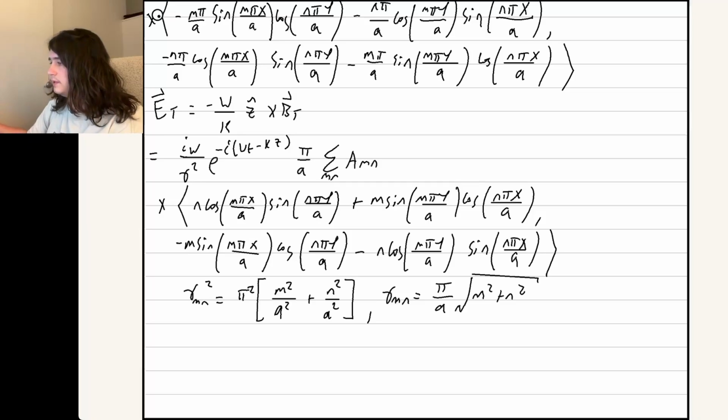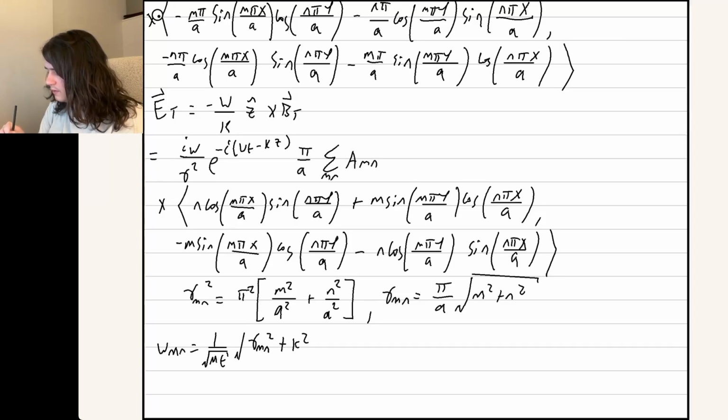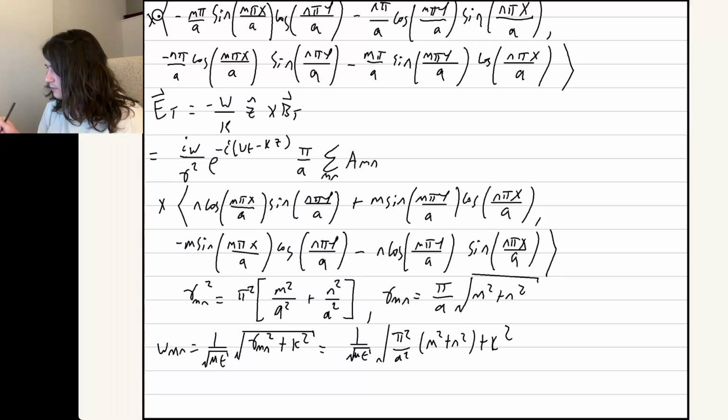And then the frequencies will be given by 1 over square root of mu epsilon times the square root of gamma_mn squared plus k squared. So we can plug in what we have for that: pi squared over a squared, m squared plus n squared, plus k squared.